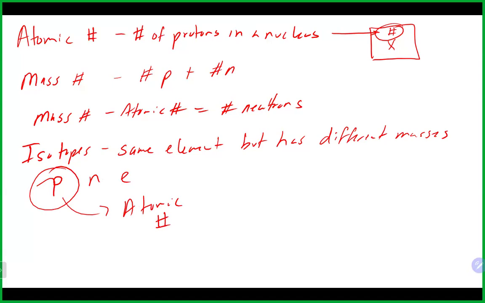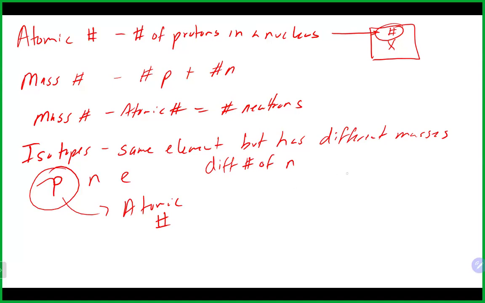Every element has its own unique atomic number. So if you know the number of protons, you know what element you're dealing with. And that's why isotopes will have the same number of protons, because they are the same element, but they'll have a different number of neutrons, and that's what gives them a different mass. So isotopes basically have a different number of neutrons, and again, that's where the difference in the mass comes from.